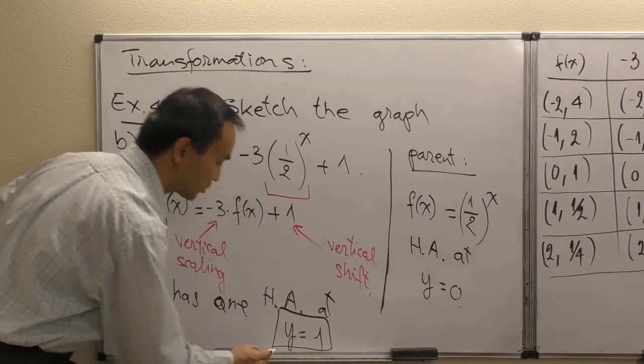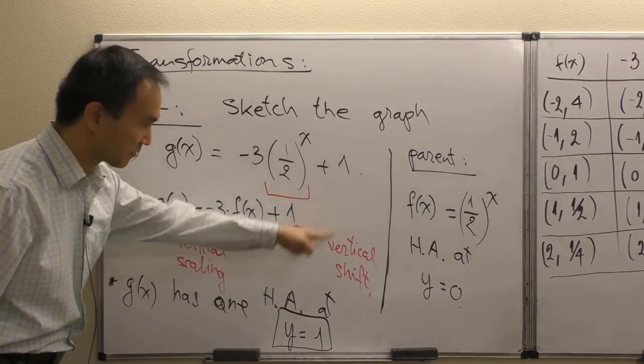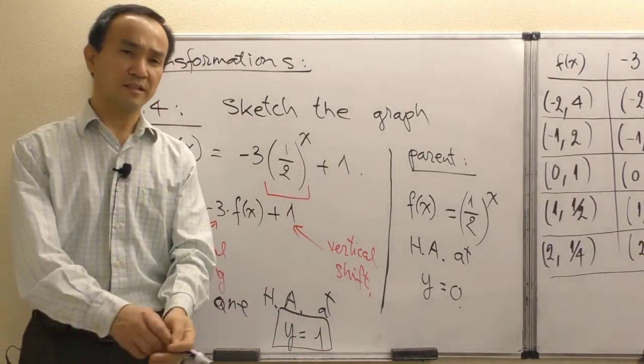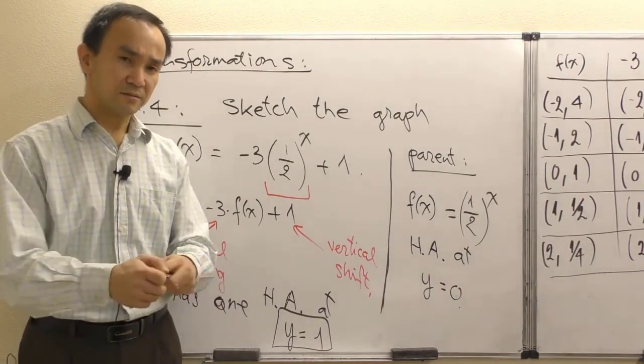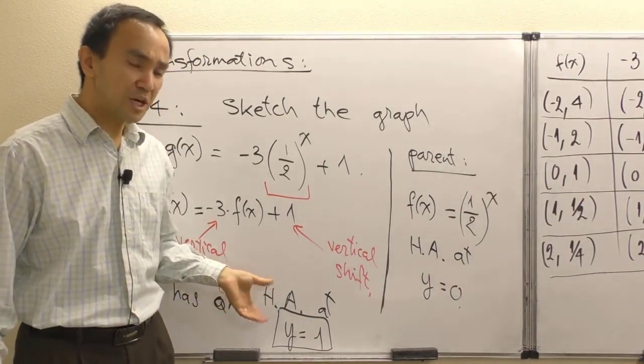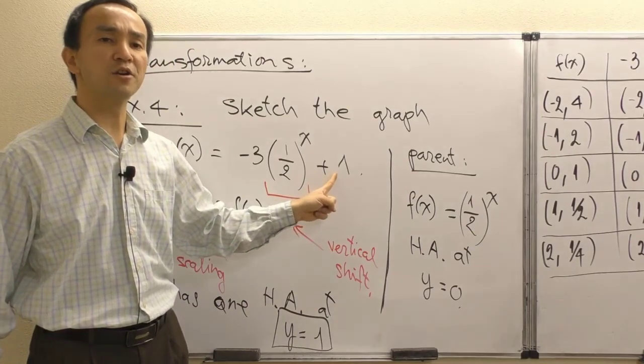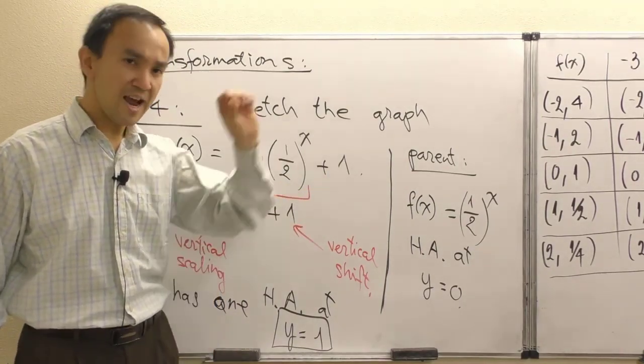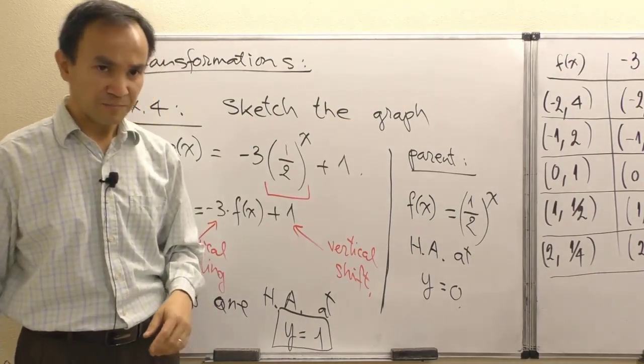All right, and this y equals positive 1 is consistent with that value right there. Or in other words, the horizontal asymptote is always consistent with that final constant term that we're looking at, added to our exponential function.